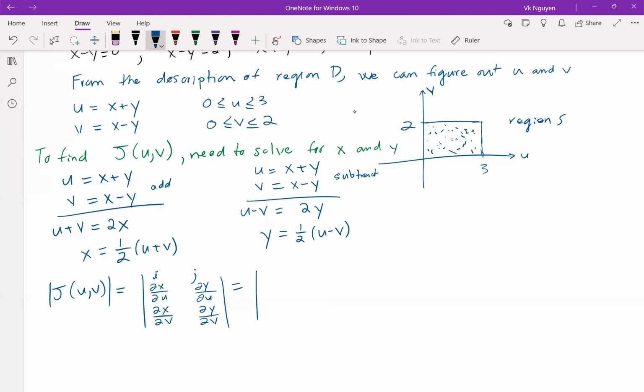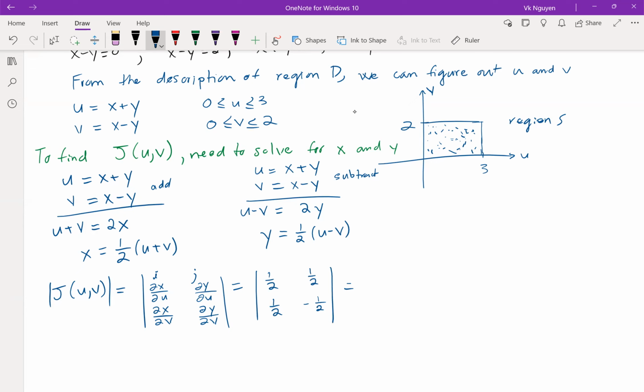Partial x with respect to u is going to be 1/2. Partial x with respect to v is 1/2. Partial y with respect to u is 1/2. Partial y with respect to v is negative 1/2.